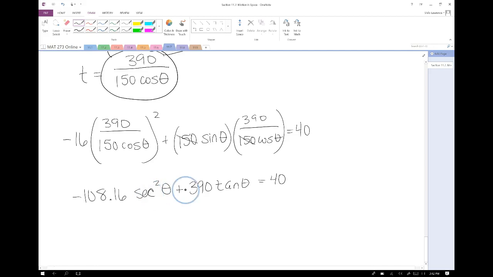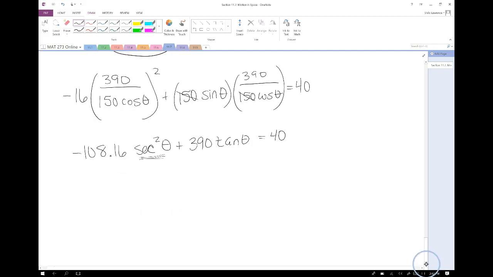When you're solving trig equations, if at all possible, we would like all of the trig functions to be the same. And it is possible to change secant squared into tangent. There's a Pythagorean identity that says secant squared is equal to tan squared plus 1. So I'm going to use that to make this equation quadratic in form.